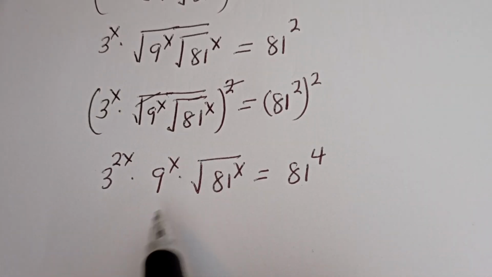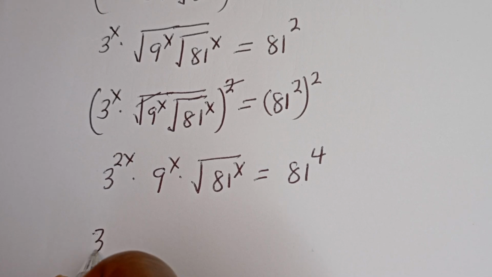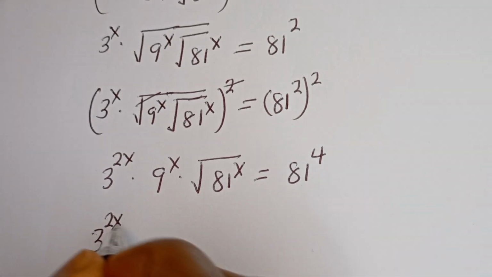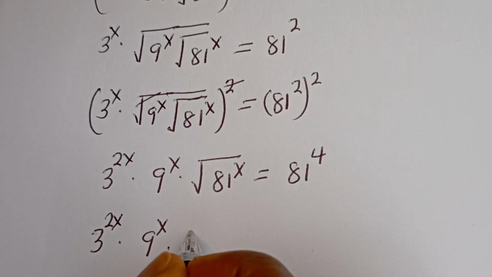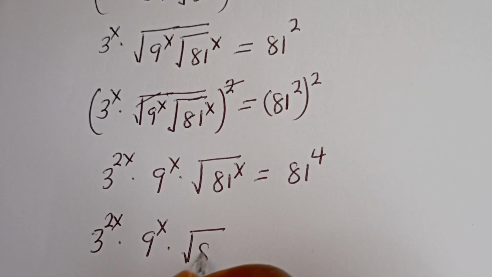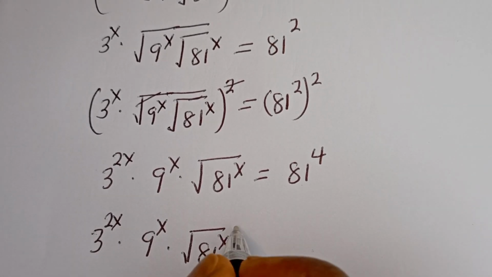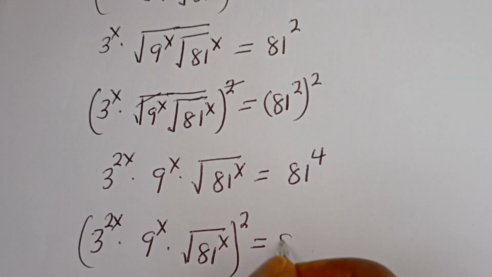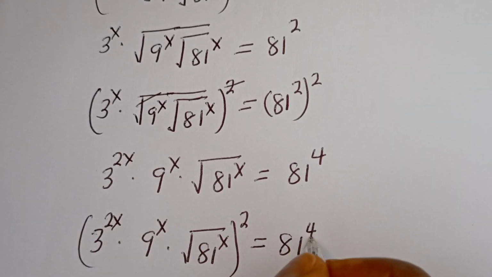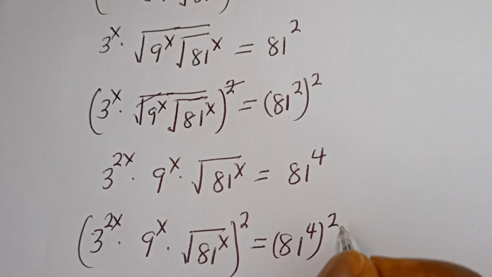Let's square both sides of this equation again. We have 3 to the power of 2x multiplied by 9 to the power of x multiplied by the square root of 81 to the power of x, all squared, is equal to 81 to the power of 4 squared.